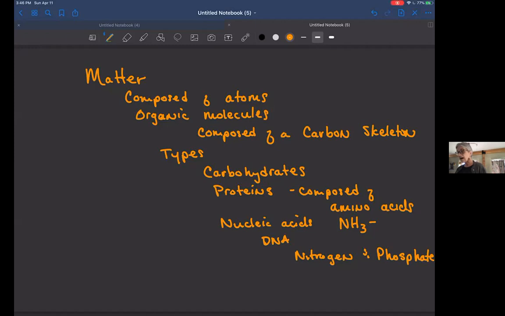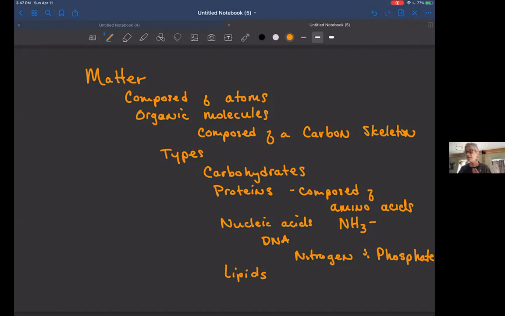So we also have, the last one would be lipids. And so lipids would include fats, but they would also include our steroid hormones. And so these are the different types of organic molecules that we have in our body.